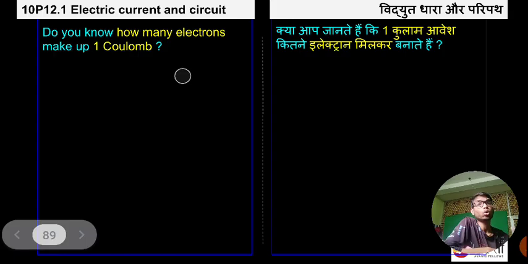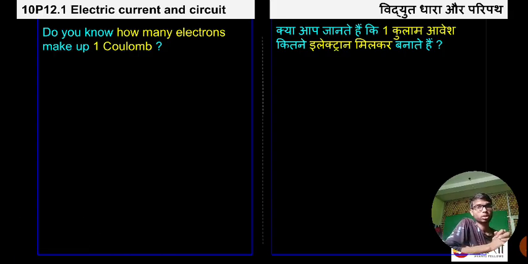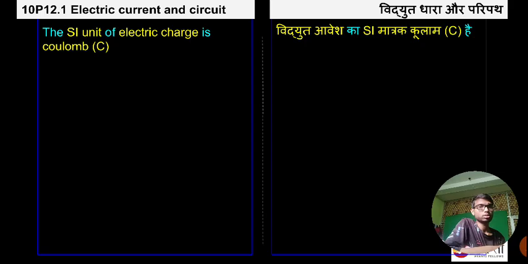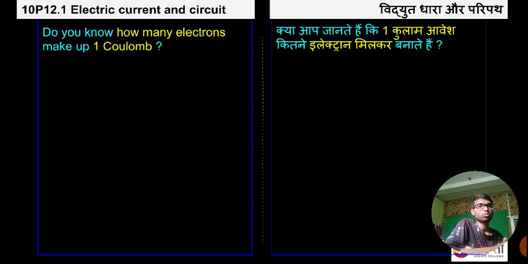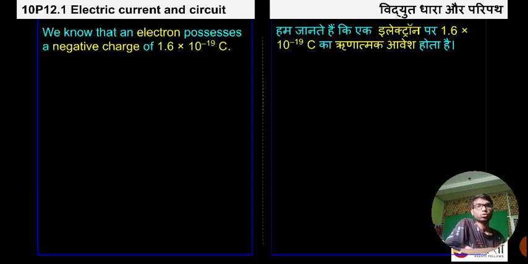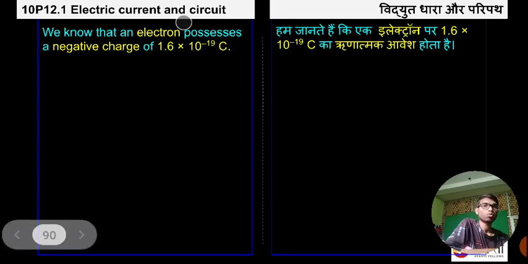We are talking about the number of electrons that make up one coulomb. Here we know that an electron possesses a negative charge of 1.6 times 10 raised to power minus 19 coulomb. One electron is equal to this much coulomb.